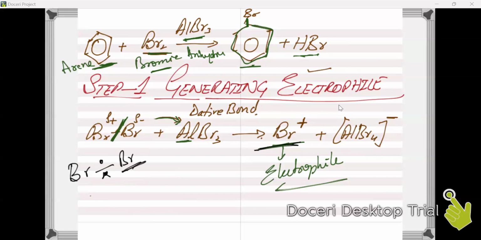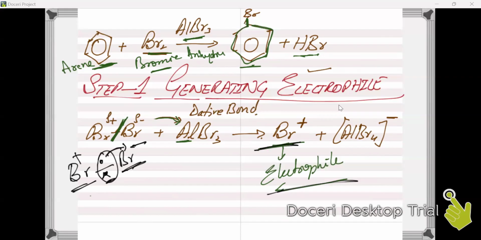So this bromine will take away the shared pair of electrons along with it, and automatically it will get a -1 charge. Why? Because one electron already belonged to this bromine, and this one electron has been taken from the other bromine. So that is why it's getting -1, because eventually the bromine is getting one electron. And this one, the poor one, will get a positive charge and will serve as an electrophile for the further step.